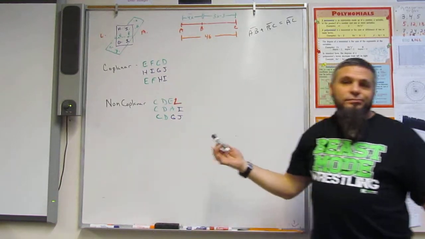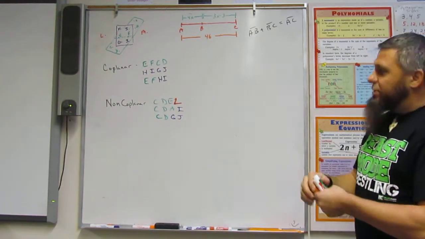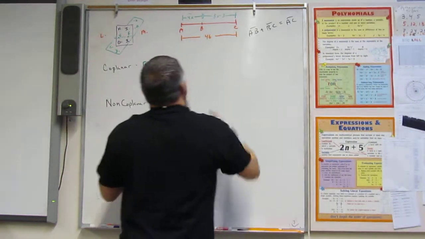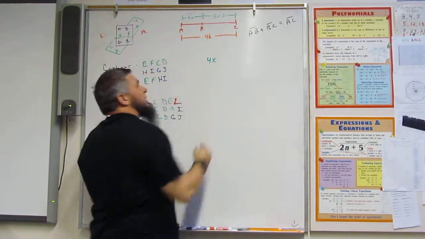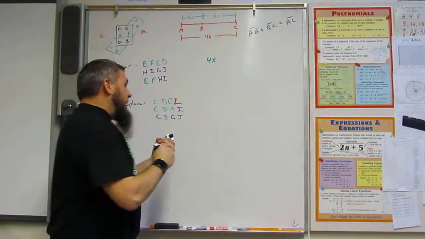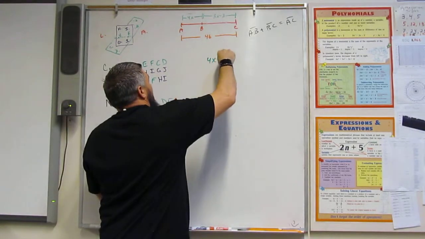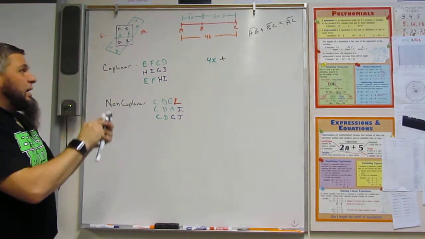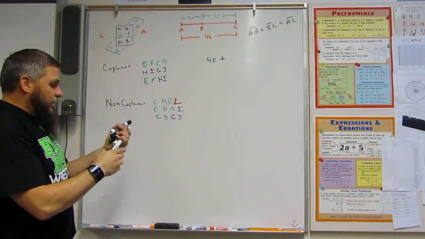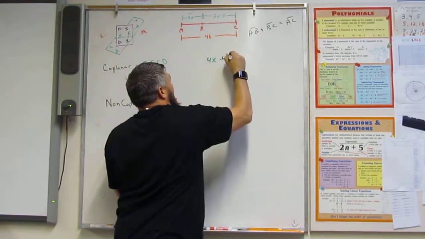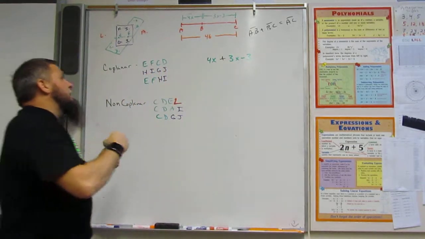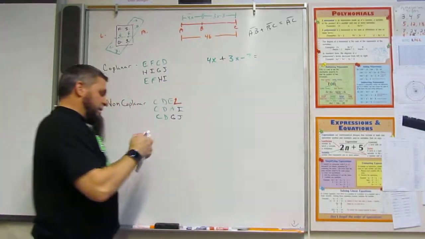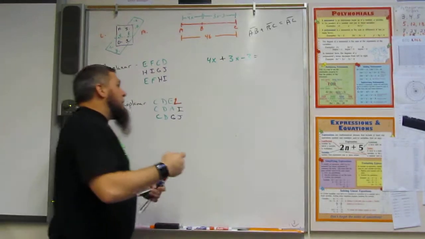So what we're going to do is use that. AB is really 4x, and then we're going to add 3x minus 3, and that's going to equal 46.